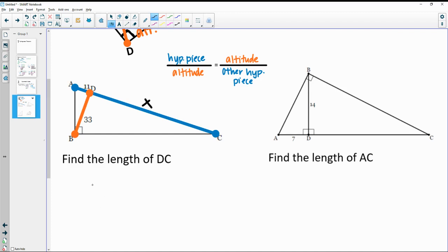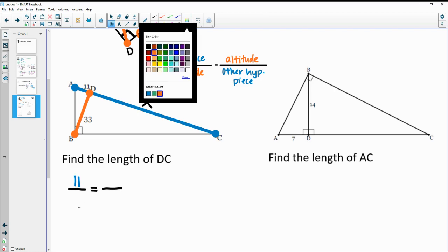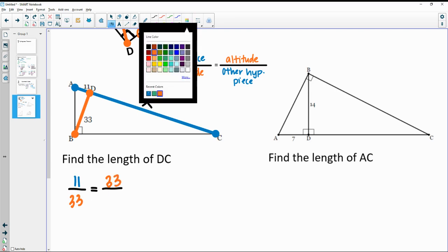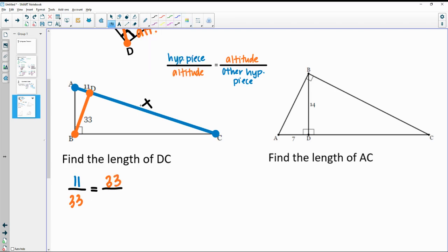So we're going to set up this proportion using the hypotenuse pieces. Here's one of the hypotenuse pieces, 11, divided by the altitude, which is 33, is going to equal the altitude 33 divided by your other hypotenuse piece. We've already used 11, so x is going to go into this one.